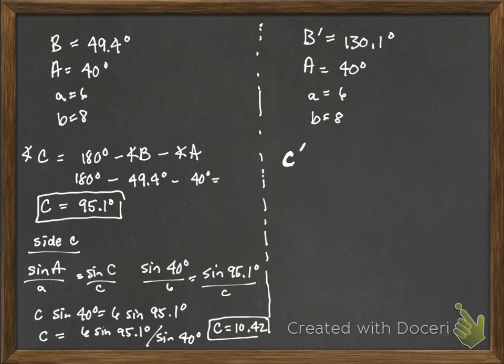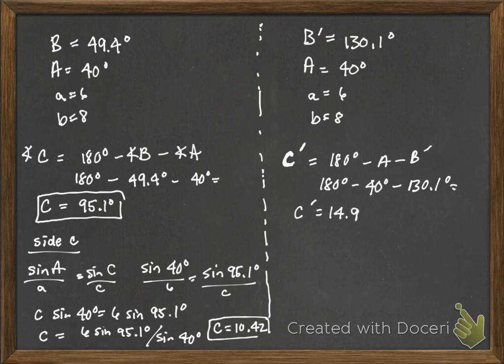So I'm going to take 180 degrees minus angle A minus B complement. So 180 minus 40 degrees minus 130.1 degrees, and when I do the math, I find that C supplement is 14.9 degrees.